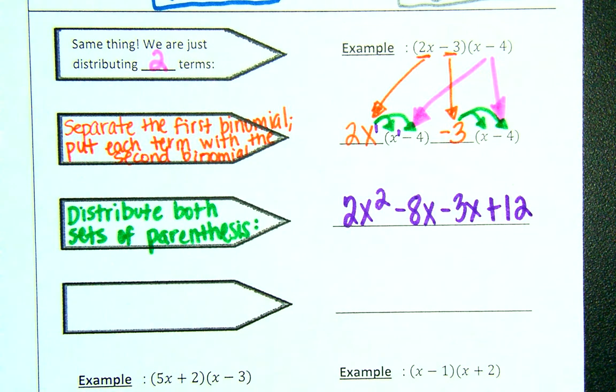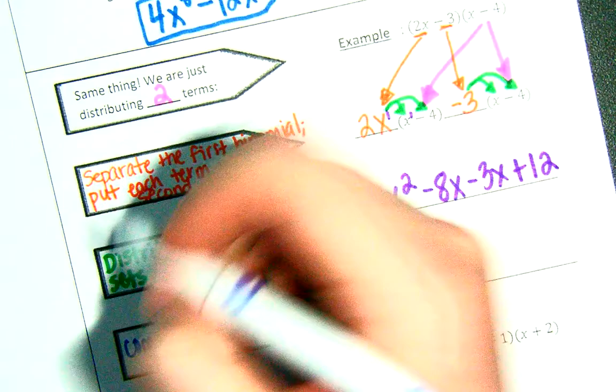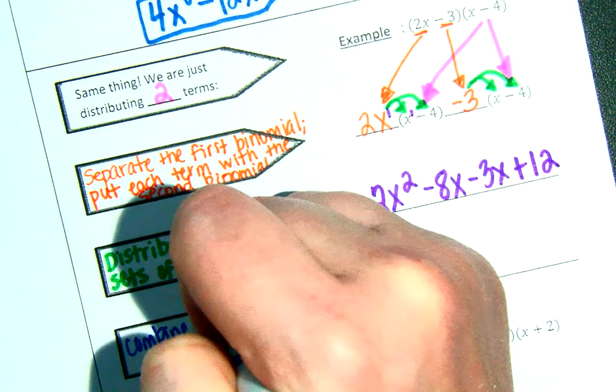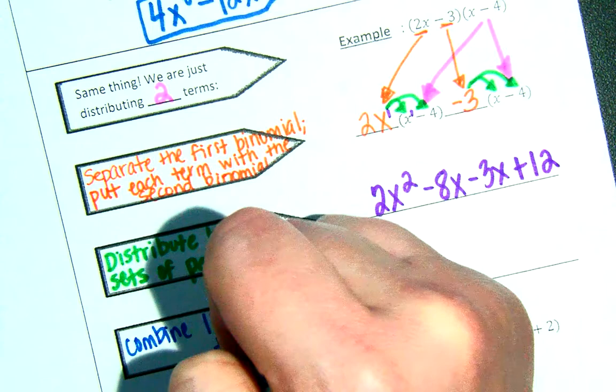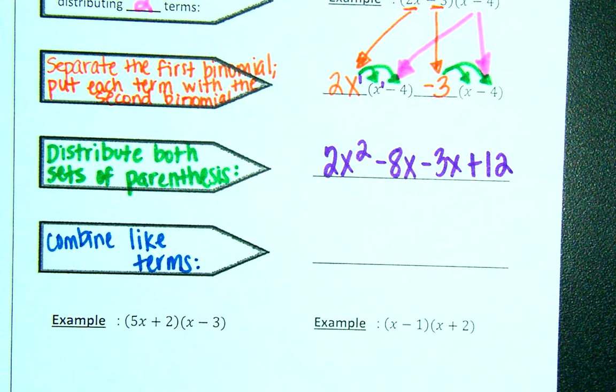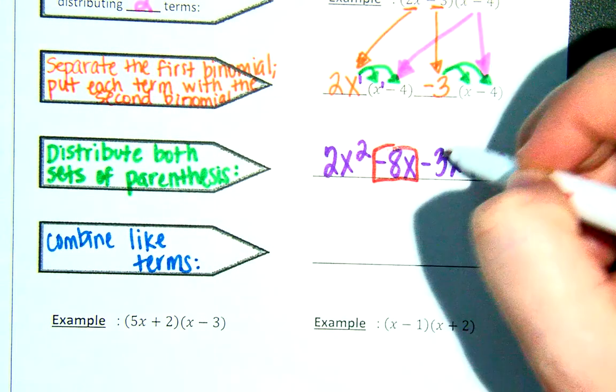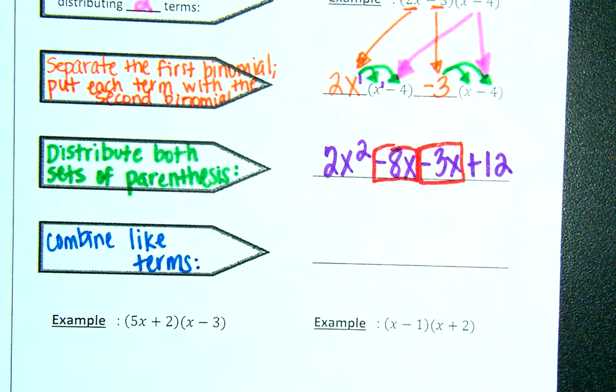Then our last step is to combine like terms. Okay? So my like terms in this case are negative 8x and negative 3x.